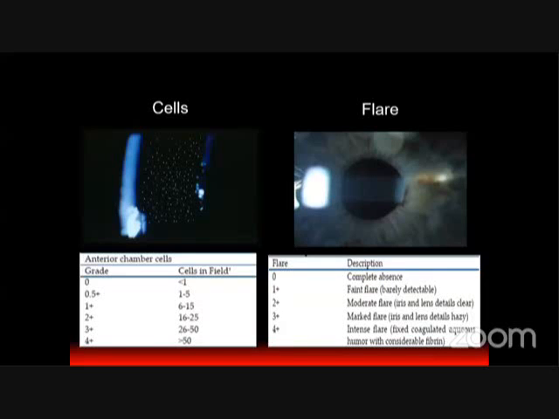The thing is, I've noticed that a lot of people cannot really tell cells from flare. Basically, cells are actually floating little drops in the anterior chamber, while flare is usually turbidity in the anterior chamber.